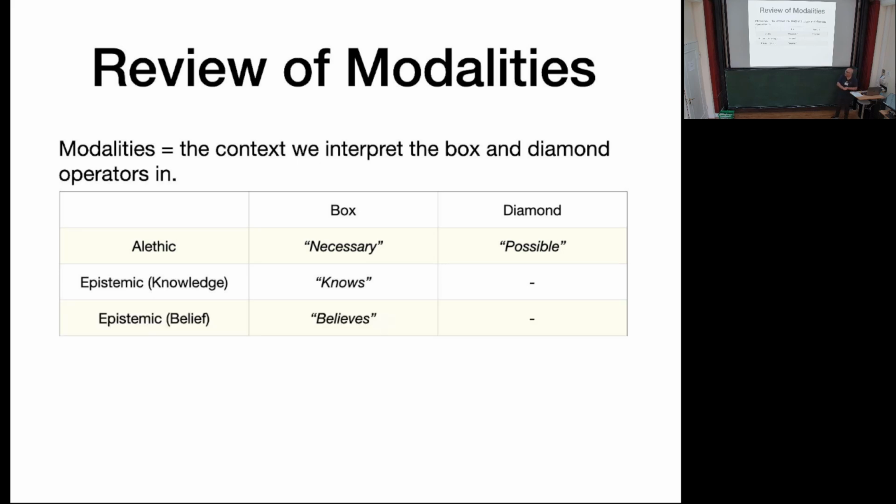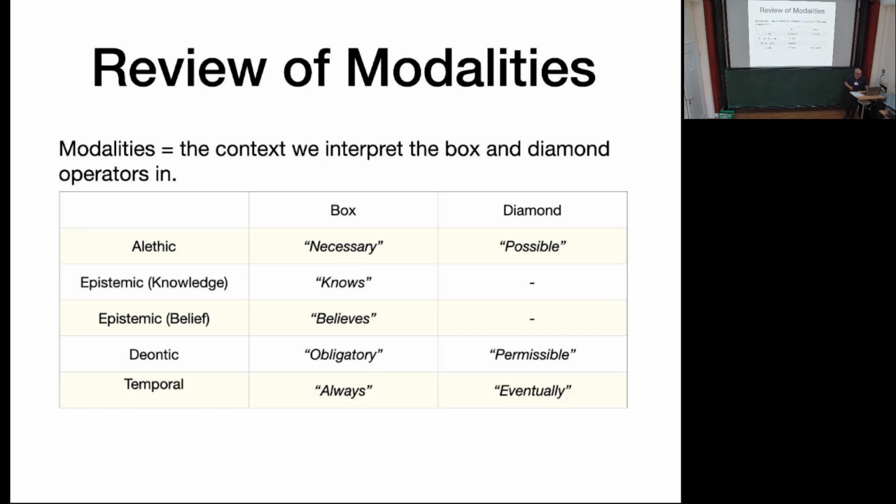Another interpretation is epistemic with respect to belief, so box means believes. Or deontic logic, where box means obligatory and diamond means permissible. Or temporal logic, where box means always and diamond means eventually. And the one we are interested in mostly today is provability logic, where box means it is provable that.